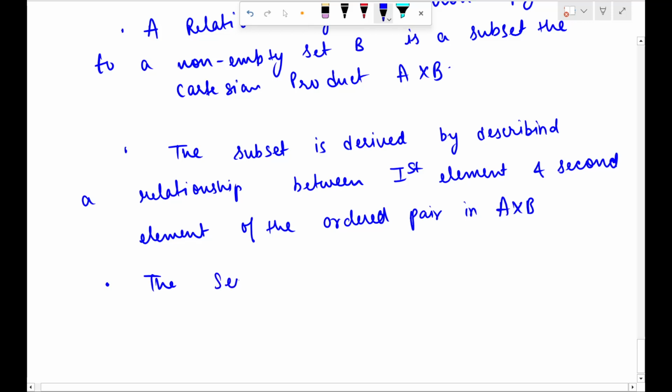In every relation, the second element is an image of the first element.